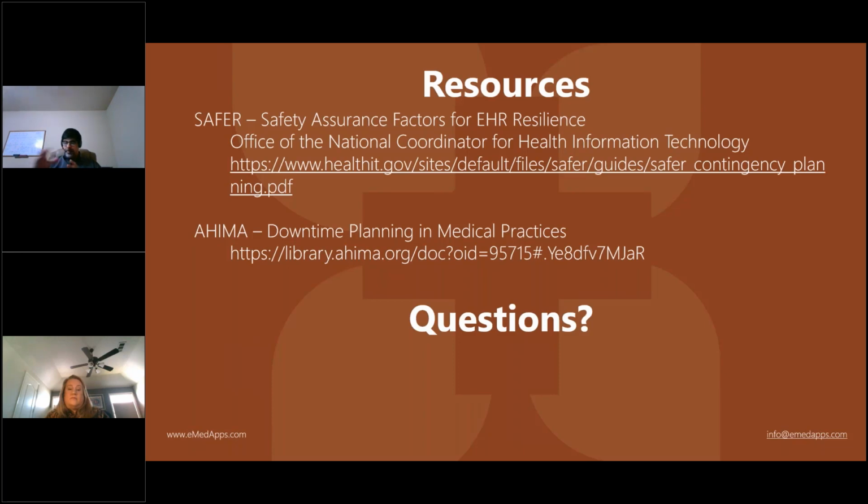What is the bare minimum that you need to provide quality care to the patient, with the alternative being having nothing available.